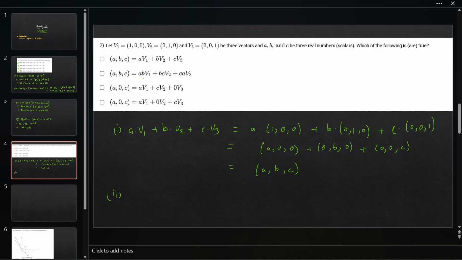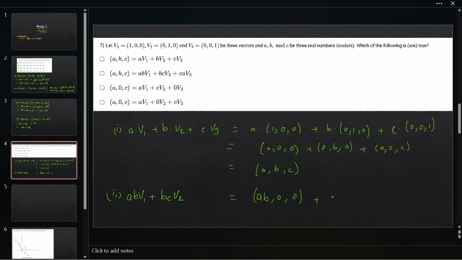So here we have AB times V1. We saw that any scalar multiplied with V1 would appear in the first position. So AB times V1 is going to be AB, 0, 0. Now plus BC times V2.